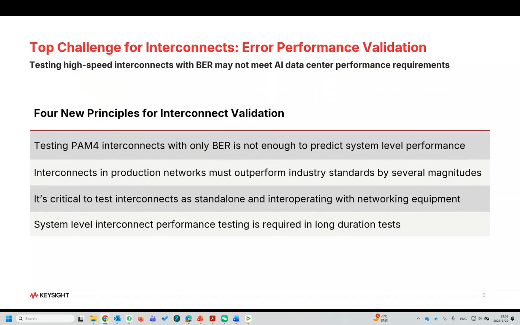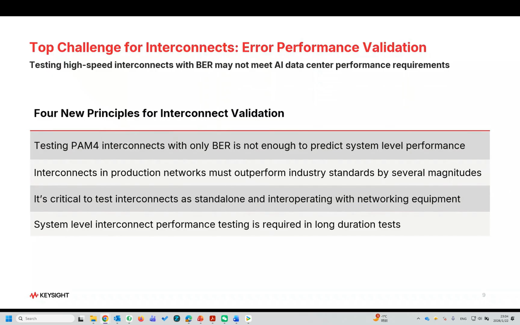And then we would say, well, if we've tested these lanes at the electrical layer or the optical layer, that's good enough to predict system level performance if we met a specific industry standard specification. And actually, we have learned that testing with BER alone, while still mandatory and absolutely required, it's not enough.